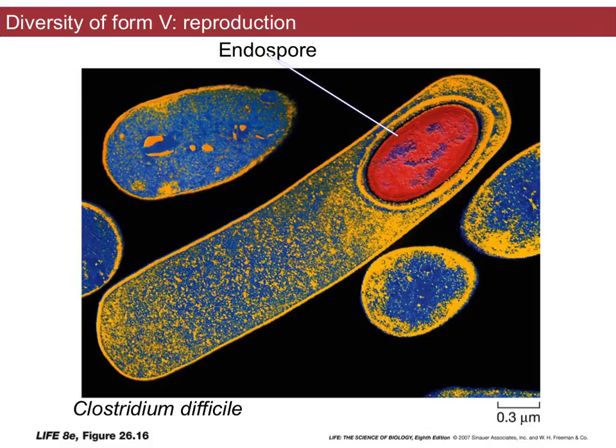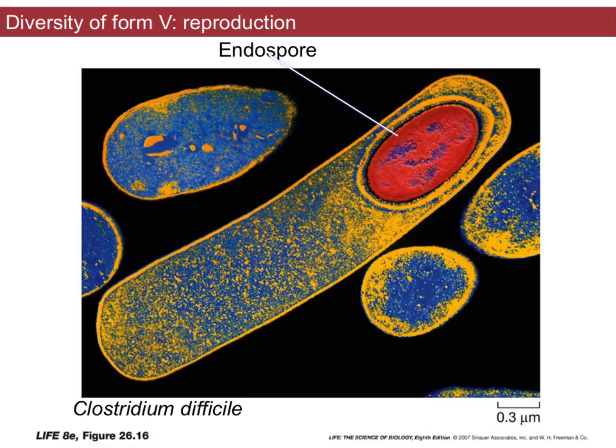These endospores are like seeds where the DNA is packed very tightly and protected, and this protection is really great. These spores can survive for very long periods of time. They can survive extreme conditions: cold, heat, radiation, and they only germinate when conditions are favorable.